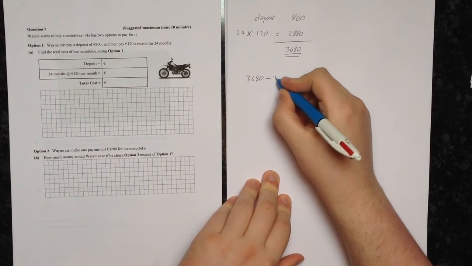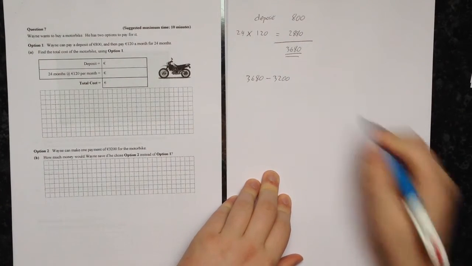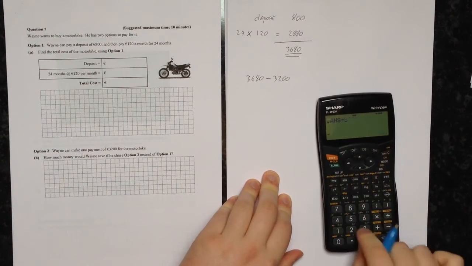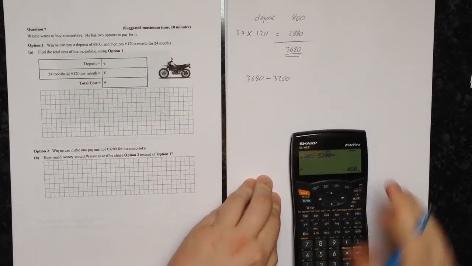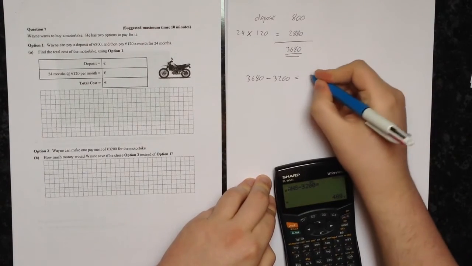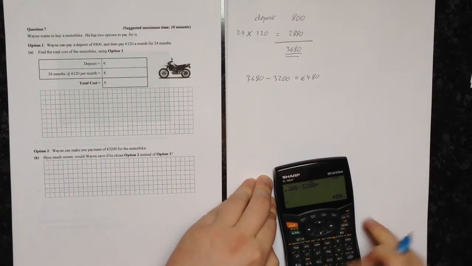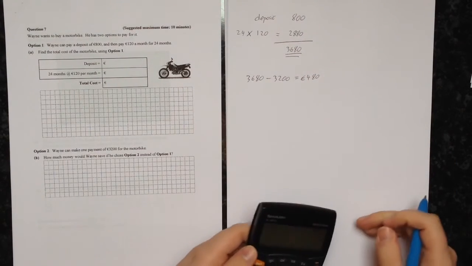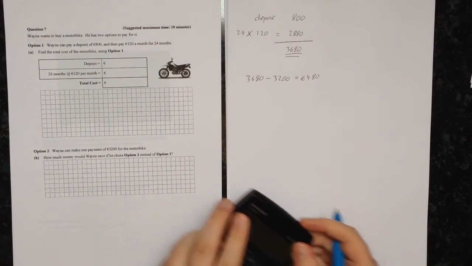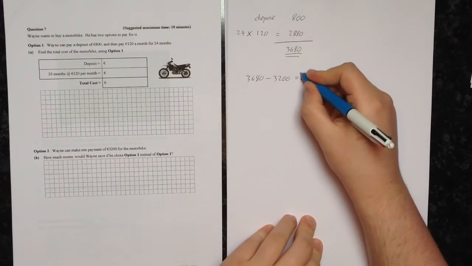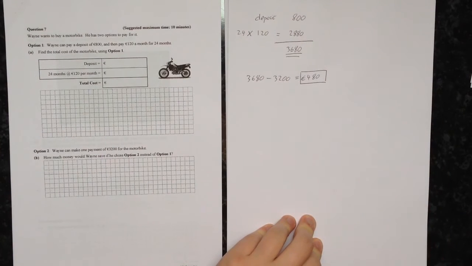Option 2 costs 3,200. The difference will be 480 euros. So, Wayne will save 480 euros if he chooses option 2 instead of option 1.